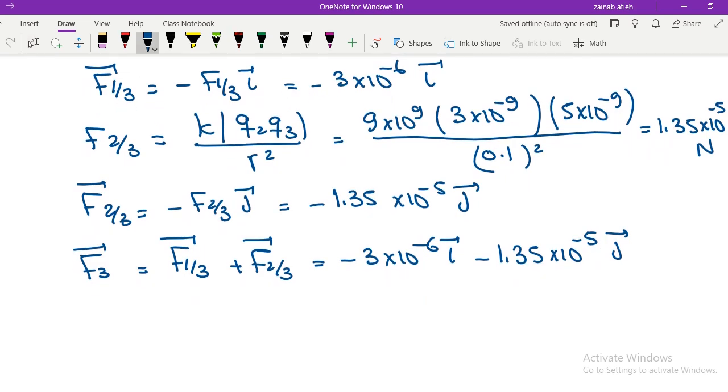Now he told me to find the magnitude of the resultant force and its direction, so let's find the magnitude. This is a normal vector.